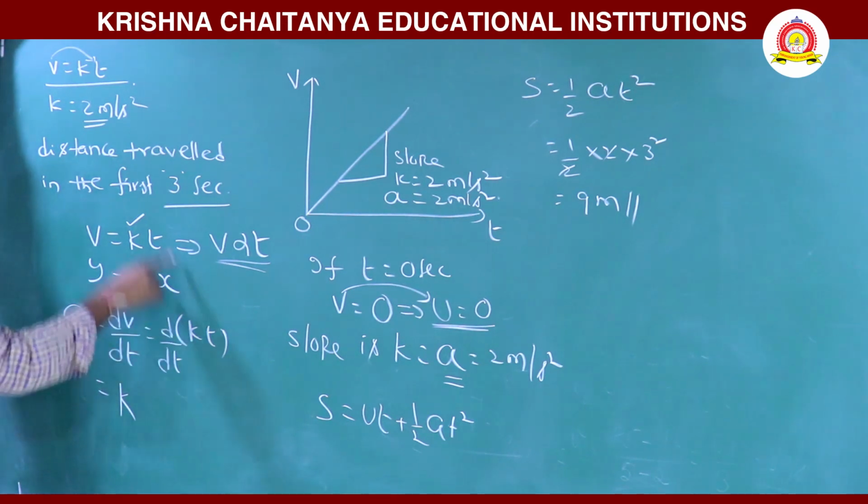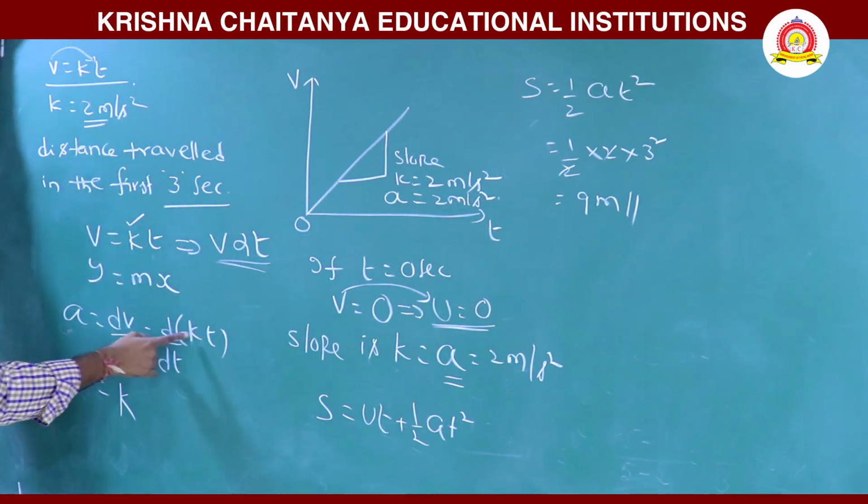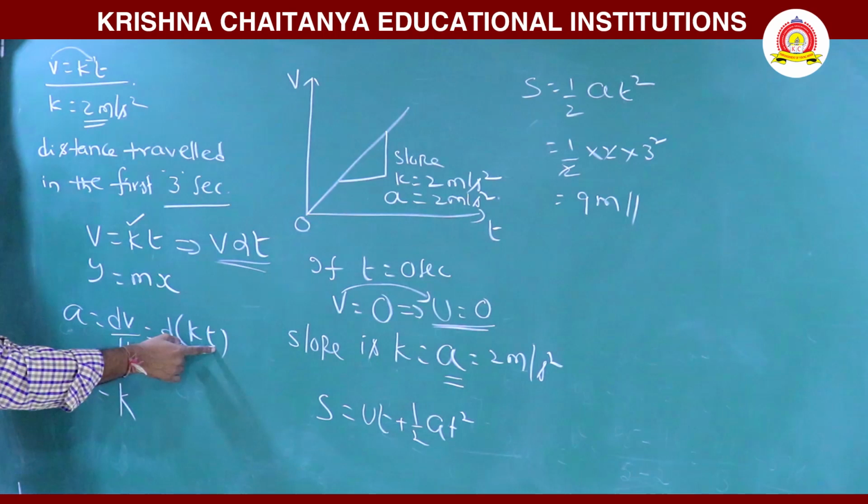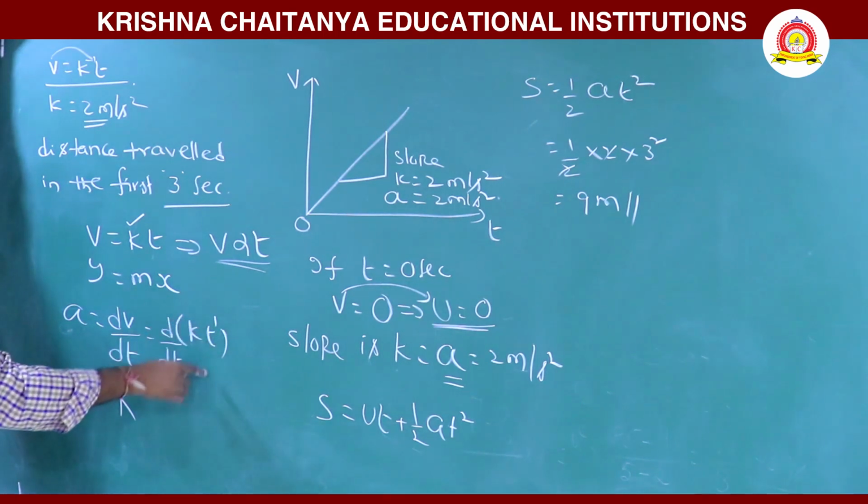K is constant, given as 2, so taking it out of differentiation, d by dt of t. D by dt of t means t power 1.